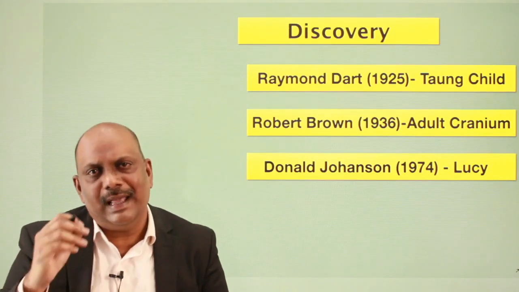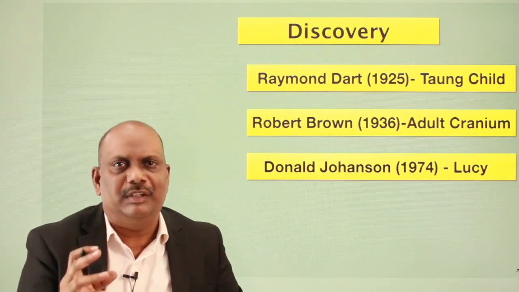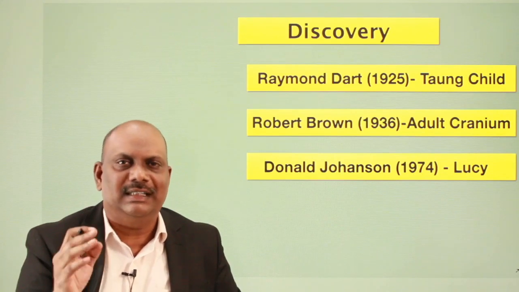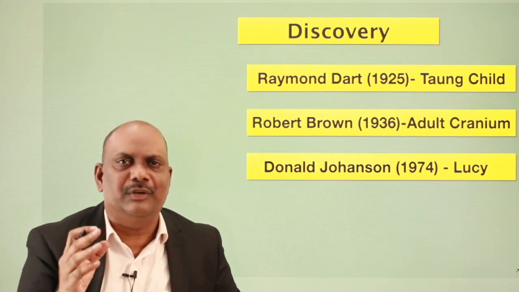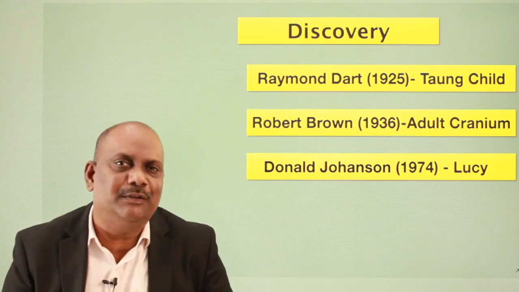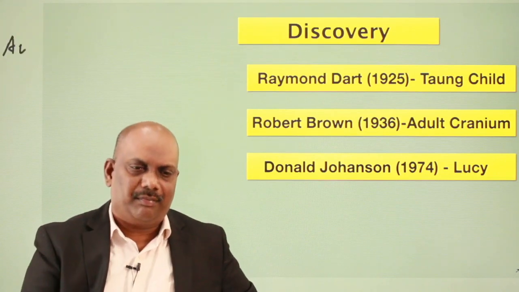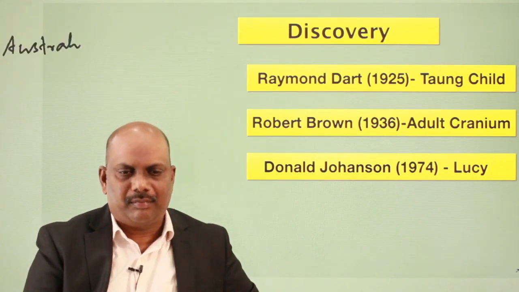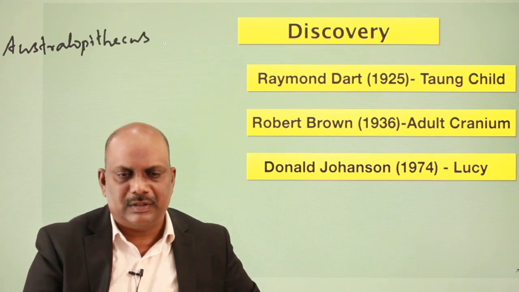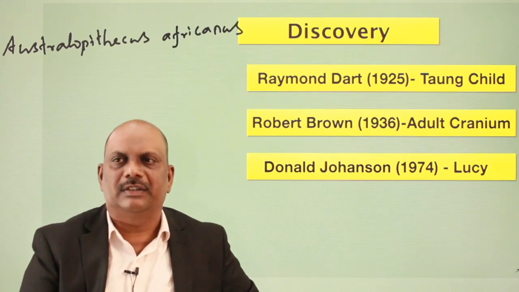Raymond Dart named this after studying it. After studying the anatomical features of the fossil thoroughly, in a matter of 4 months, he came to the conclusion that this is a very important fossil and this should be our human ancestor. And he named this fossil Australopithecus africanus.